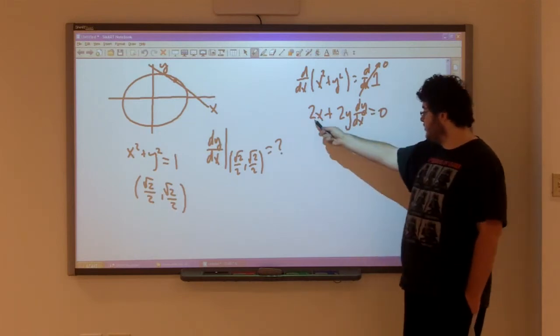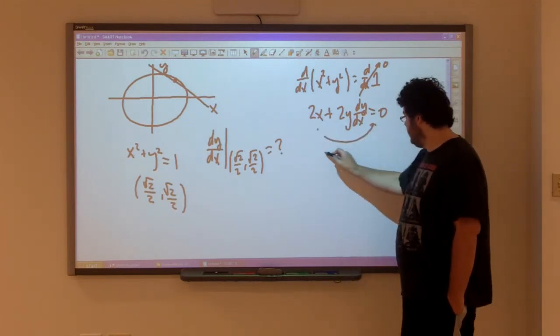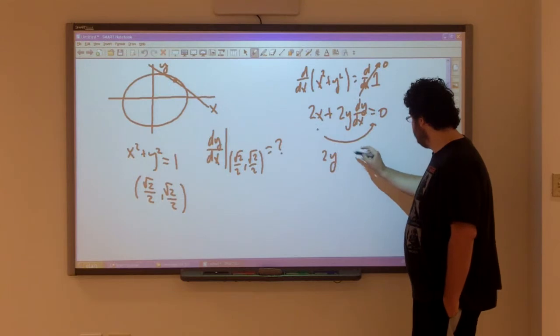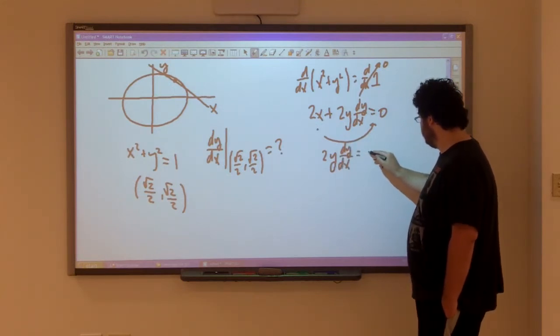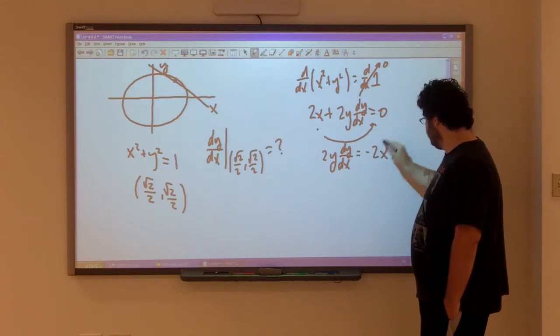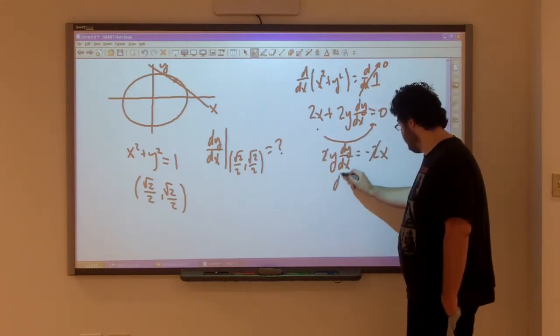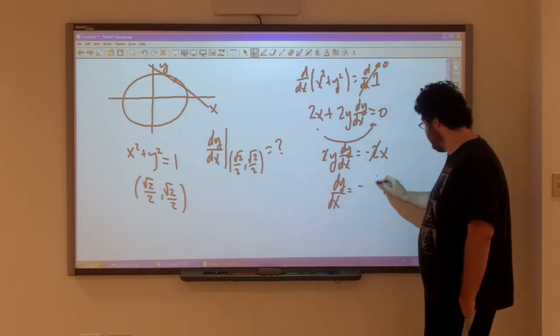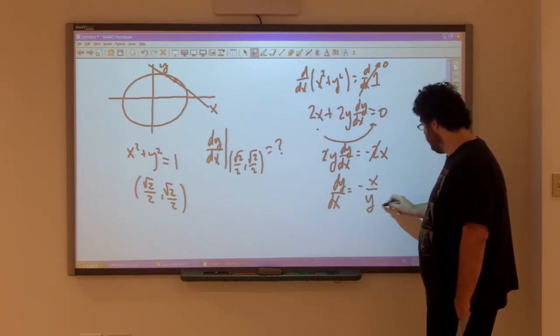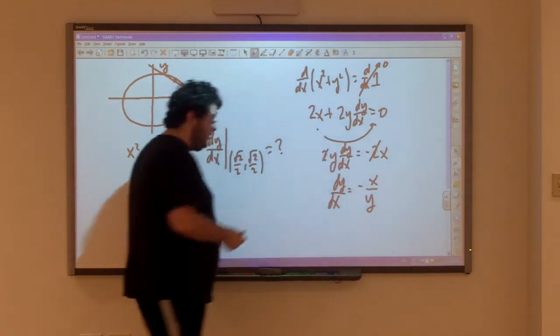Now we just subtract over to this side, and we get 2y dy/dx is equal to minus 2x. Well, the 2's cancel, so we're just left with dy/dx is equal to negative x over y. So there's our derivative in general.